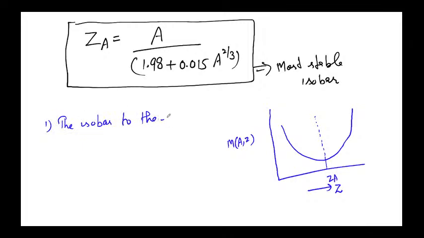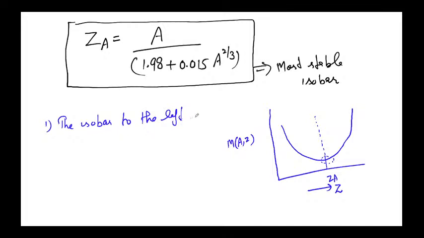So this is the position where we can find out the most stable isobar. So this region is also known as stable isomerism, nuclear isomerism we call it.